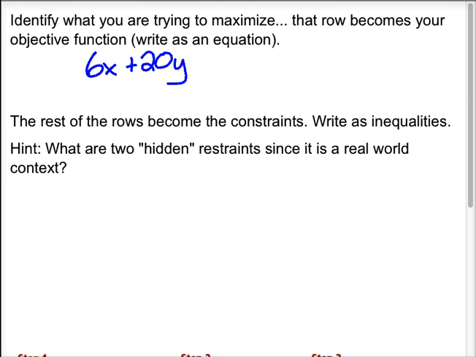What that's saying is per t-shirt and per sweatshirt. And that's going to be our profit. So our objective function, we're trying to maximize that profit row, okay? And every other row is going to become our constraints.